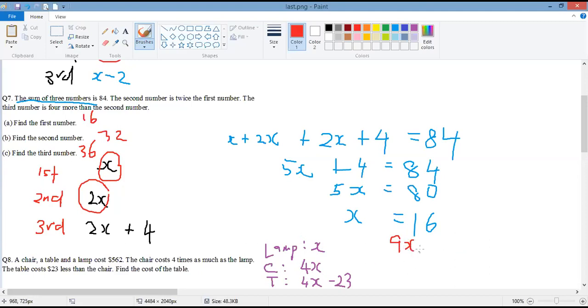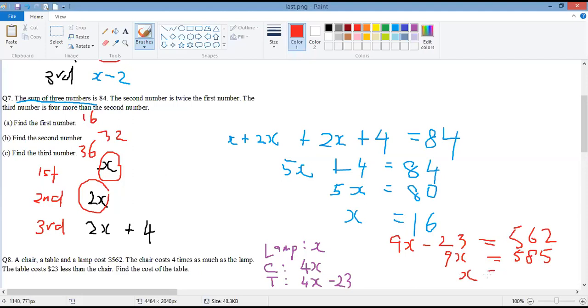Adding these together, you will get 9x minus 23 equals 562. So 9x equals 562 plus 23, you get 585.